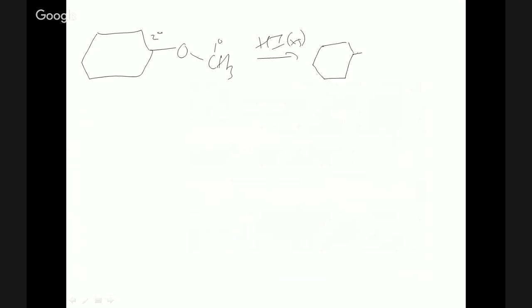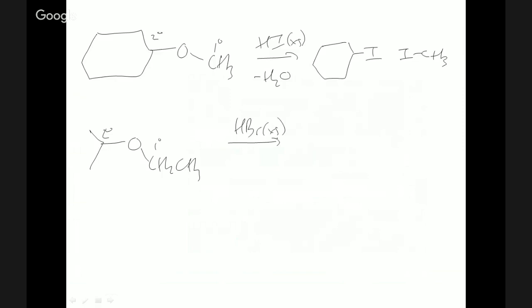You get the secondary iodide, and you get the methyl iodide. There's a molecule of water. Same idea. Secondary, actual primary, HBr excess. You can fill those in.